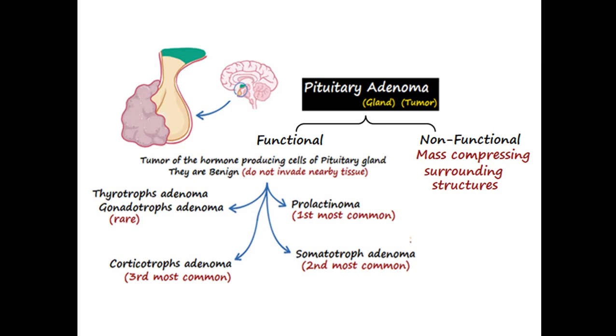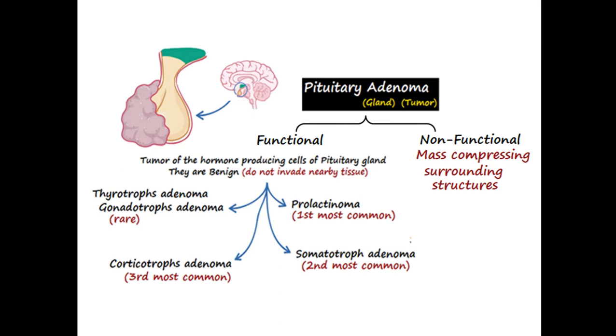The most common pituitary adenomas that are functional are the prolactinoma, or adenoma of the lactotroph cells, which is the first most common tumor and produces prolactin. It will give rise to galactorrhea and abnormal menstrual cycles in a female.